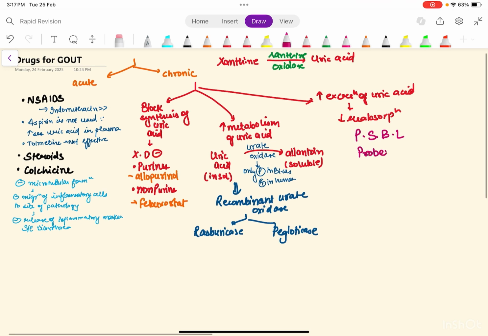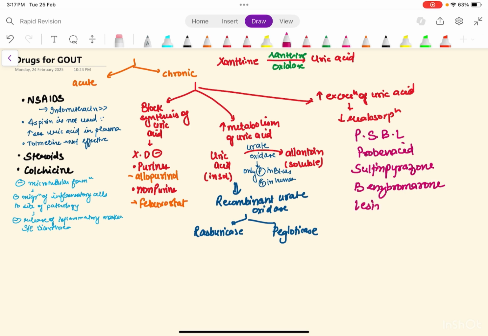All right, so P is probenecid, S is sulfinpyrazone, then B is benzbromarone, L is lesinurad, and by L you can also remember losartan.